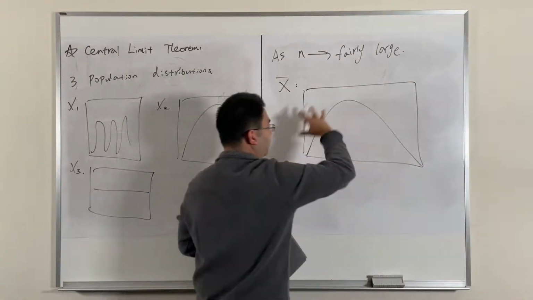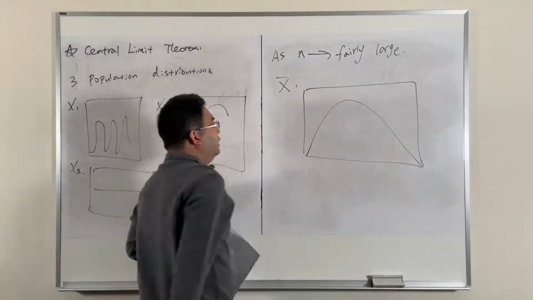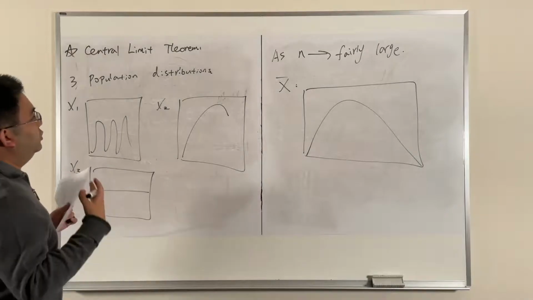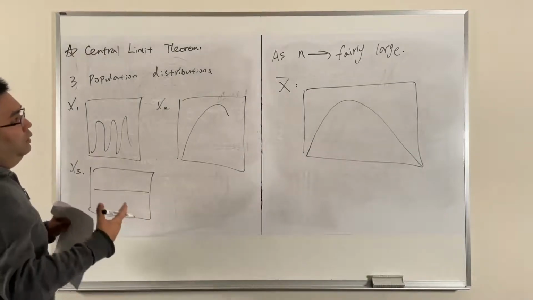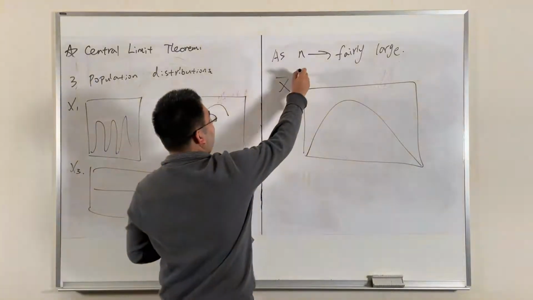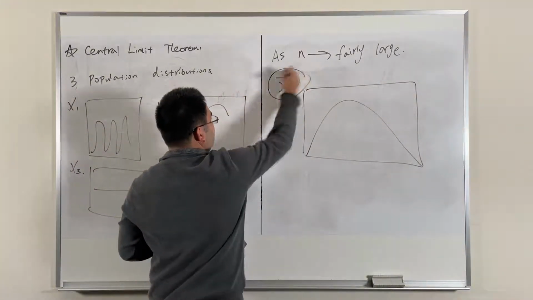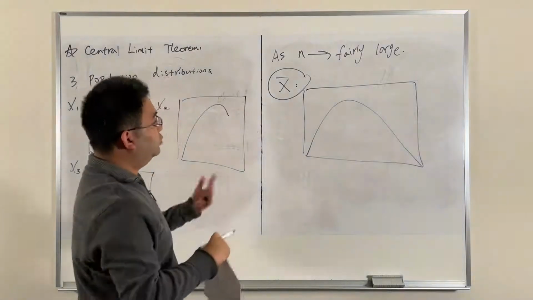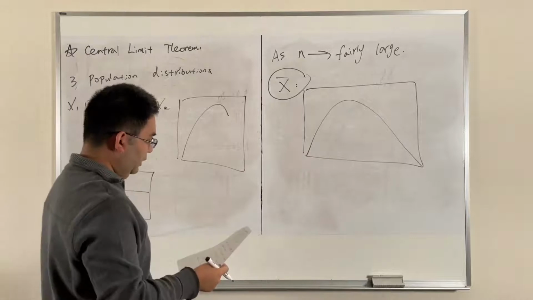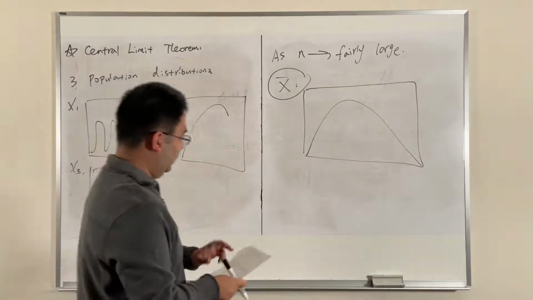It's like a smooth normal distribution. So if you apply the central limit theorem, even though your population distribution is not normal, as your sample size gets very large, you'll be able to get the sample mean distribution to be smooth normal. Okay, good.